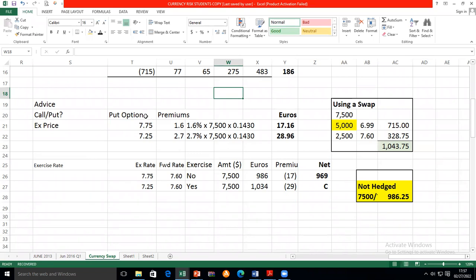The put option, 7.75, 7.25. So that's the advice that you're giving. So in the worst case scenario, if you fail to finish anything, just tell us what option. The exercise price or rate, there are two. There's that one and that one.